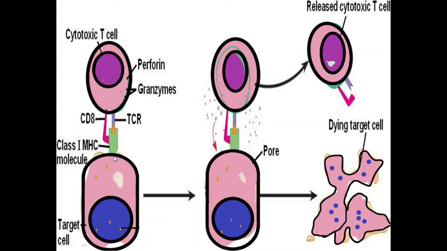Now, it will move to the targeted cell, and make sure that the targeted cell has the same antigen. Once it is sure that it is the same cell, it will release various perforins and granular enzymes, and with the help of perforin, pore formation will occur in the targeted cell, and the targeted cell will die.